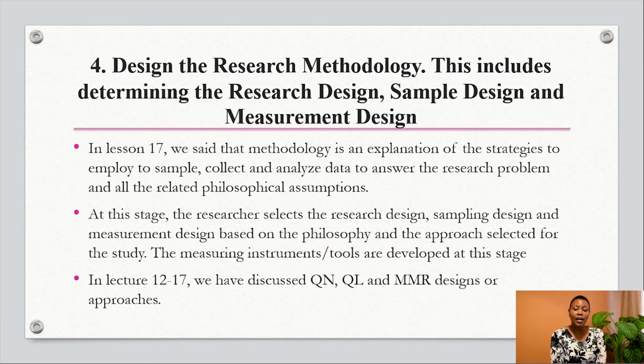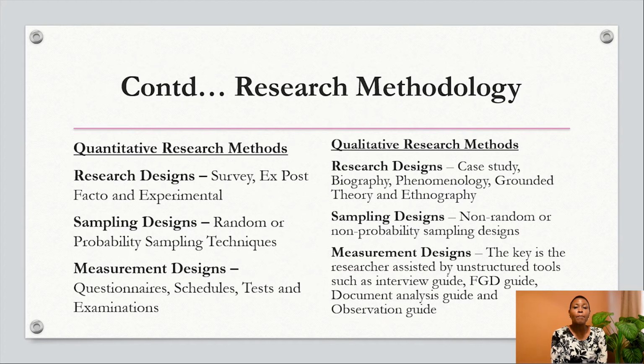Remember, we have discussed part of the research methodology in lesson 12 to 17 when we discussed the quantitative, qualitative, and mixed method designs or approaches. In our coming lessons, we shall move to discuss sampling designs and also measurement designs. But before we get there, we will look at how do we develop the research methodology in step 4?